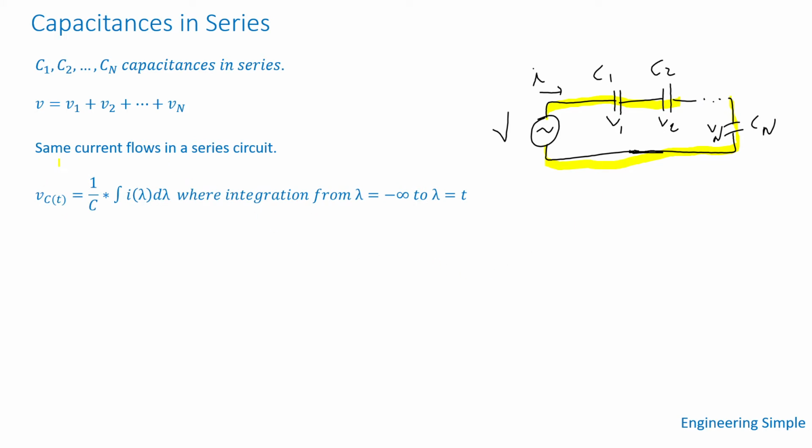From the previous slide, we know that the voltage across a capacitor is 1 over C times the integral of the current, where integration is from negative infinity to some time t.